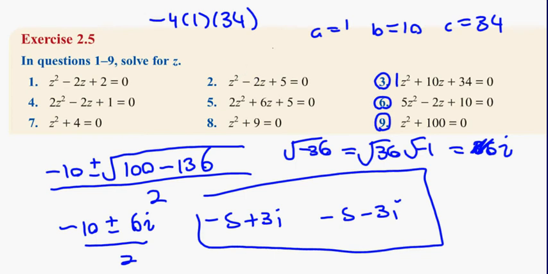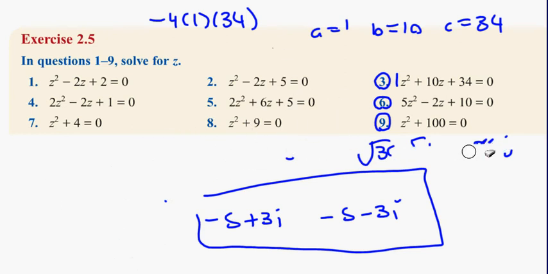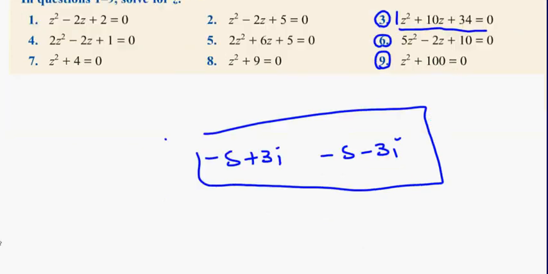Now I'm going to show you something else while I'm here. If you're given the roots and you want to find the initial equation, so imagine we were given the answer. Here are the two roots of an equation whose coefficients are real, and you want to find out what the initial equation was. Well, to do this, there's a formula.